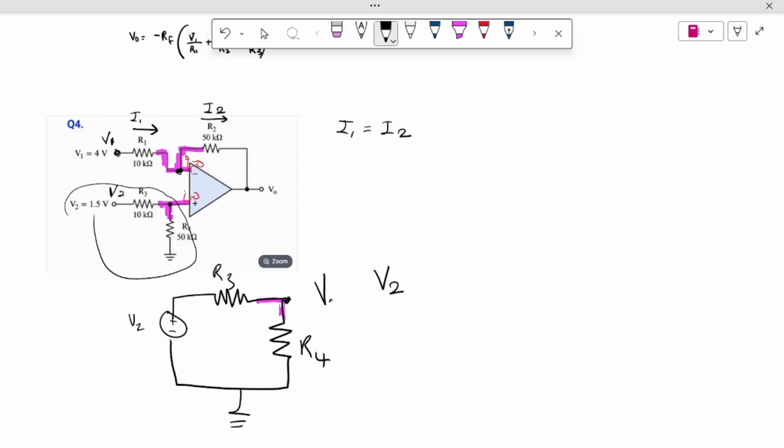Or we can call this V amp. Let's just call it that. It's just going to be V2 times R4 divided by R4 plus R3.